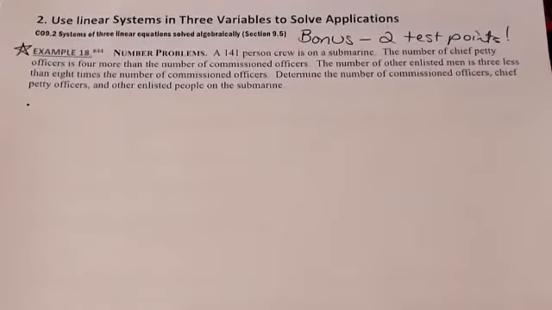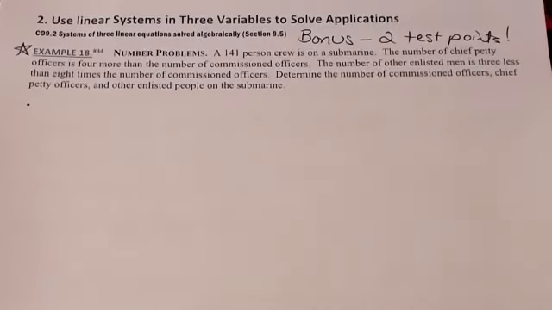We're told a 141 person cruise on a submarine. The number of chief petty officers is 4 more than the number of commissioned officers. The number of other enlisted men is 3 less than 8 times the number of commissioned officers.